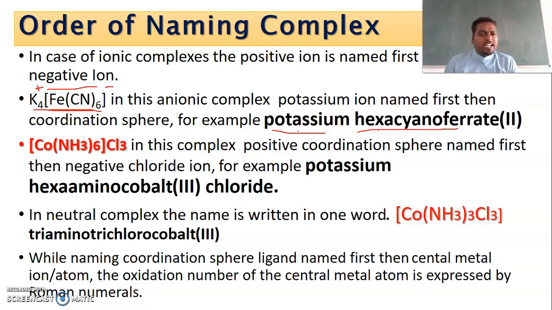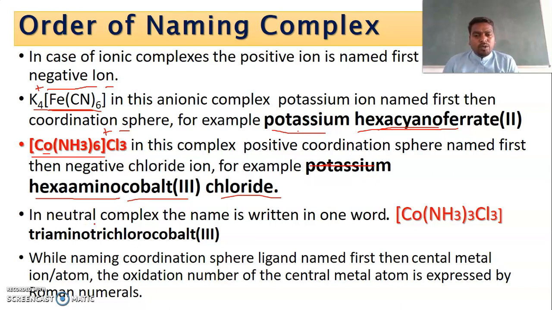Positive first, negative next. Now take a positive complex with chloride as the negative part. While naming this, the coordination sphere is hexaamminecobalt, since six amine groups are present. That's why it is hexaamminecobalt(III) chloride, with the anion next. First we have written the cation.